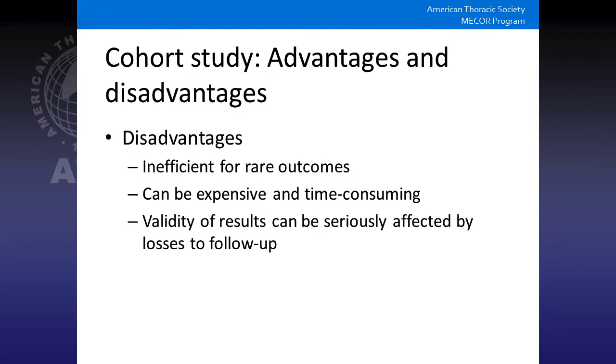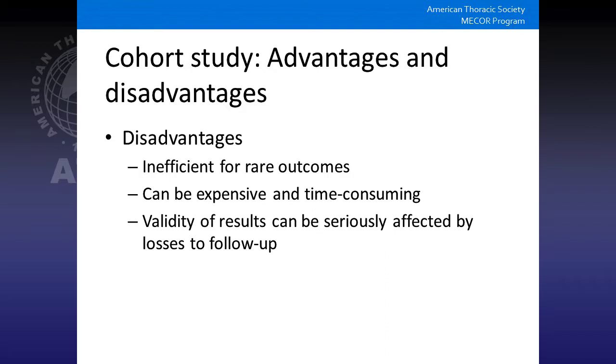Disadvantages are that it can be inefficient for rare outcomes. So, for example, our earlier example of malignant mesothelioma as being caused by asbestos. Malignant mesothelioma is an extremely rare condition. It happens a handful of times per million people per year.